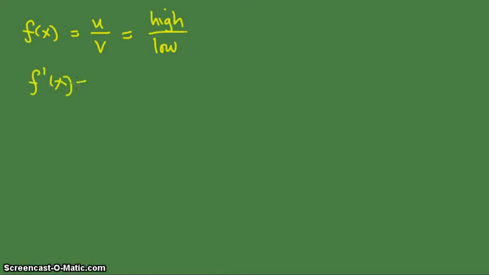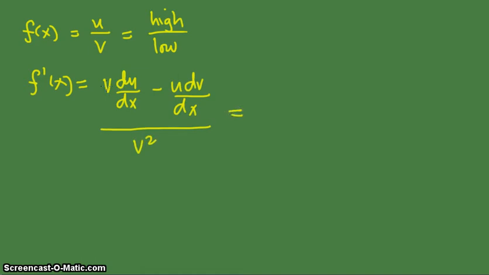So the derivative, to make this simple, let's apply the rule first: v du dx minus u dv dx, all over v squared. I can think of this as, v is the low, and du dx is the derivative of the high, so d high.